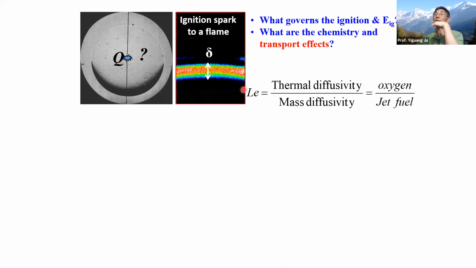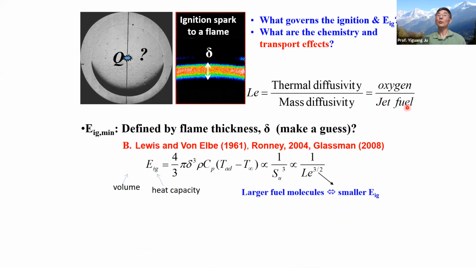You have a Lewis number, which is defined as the thermal diffusivity over the mass diffusivity. For jet fuel, normally the Lewis number is larger than 1 because the jet fuel molecule is very heavy. So what governs the minimum ignition energy? In the paper by Lewis and von Elbe, they said the minimum ignition energy is defined by a flame thickness: you have to raise the temperature to the adiabatic flame temperature and multiply by the volume of the flame thickness.